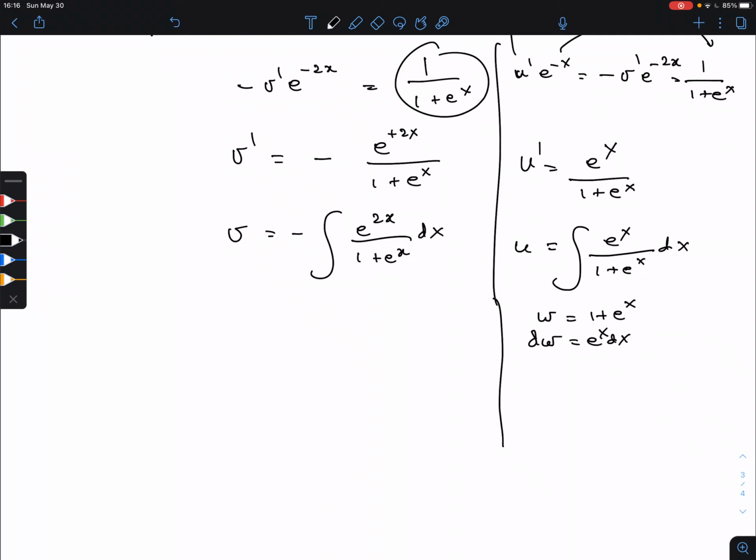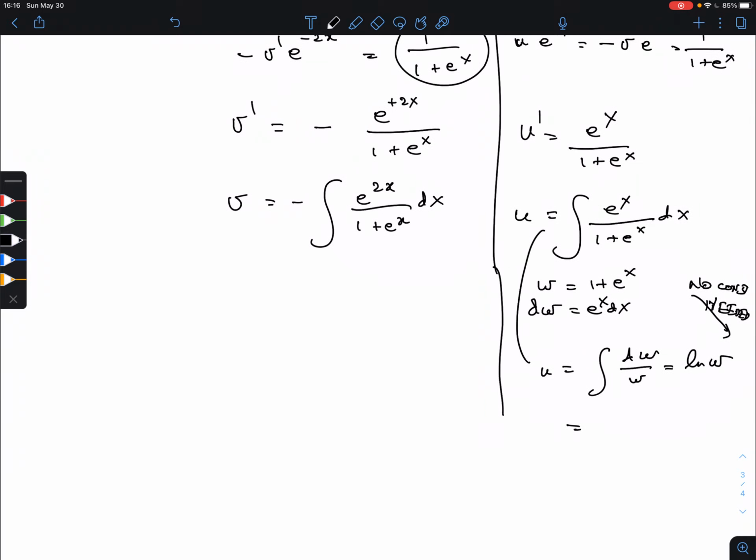Okay, so this becomes, if I do this, w equals 1 plus e^x, e^x dx is just dw, so this becomes ln of w. I don't need a constant, so no constant needed. I'll keep writing this a little bit, because you might think, oh, you forgot it, but no, I did it on purpose.